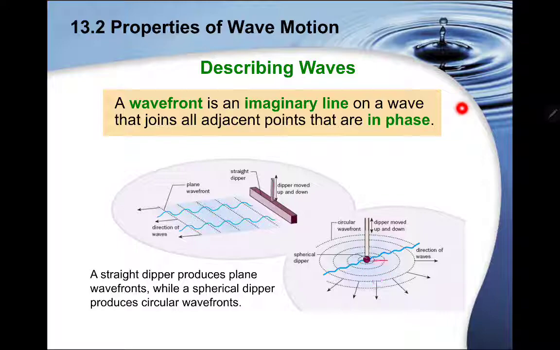The direction of travel is outwards like this, so the wavefronts are still perpendicular to the direction of the wave. And the distance between two successive wavefronts is still one wavelength.